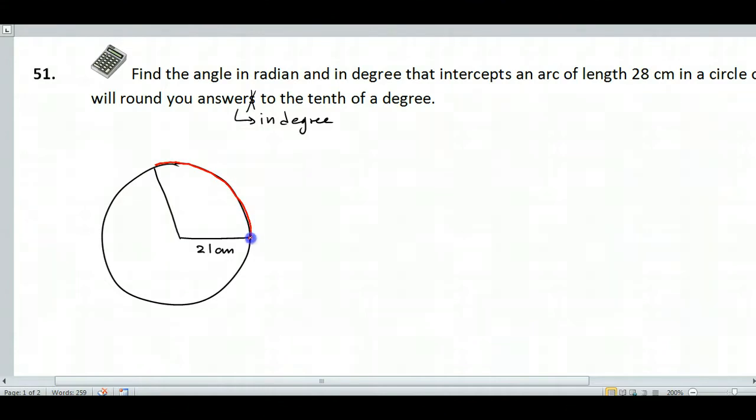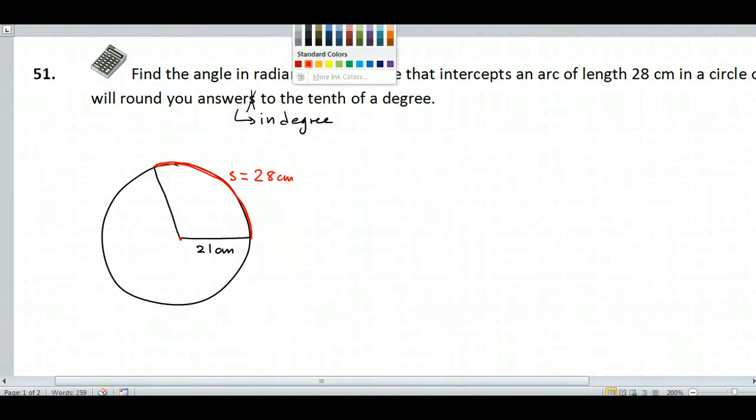Here is the intercepted arc. The angle is a central angle. It's an angle whose vertex is at the center right here, okay? So S equals 28 centimeters. And the question is, find the angle in radian.